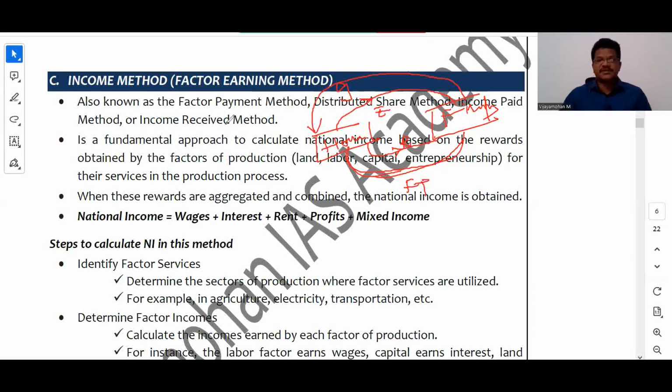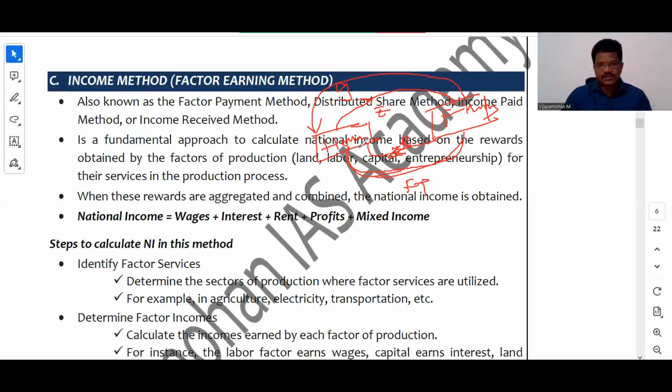Why I am reminding you of this now is that you need to understand what the income method and the expenditure method are, and at which point they are calculated. I already told you in the first class, so just brush up your basics. The households get the rewards for whatever factors of production they provide.